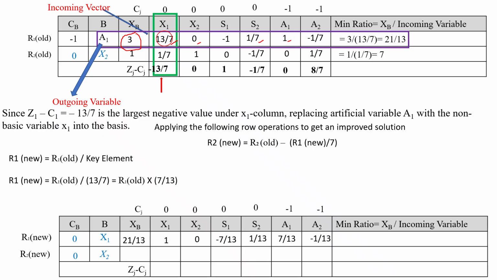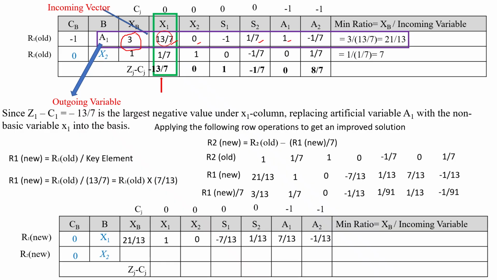So next row operation is R2 new equal to R2 old minus R1 new divided by 7. First write down the R2 old elements: 1, 1 by 7, 1, 0, minus 1 by 7, 0, 1 by 7. Next write down the R1 new elements: 21 by 13, 1, 0, minus 1, minus 7 by 13, 1 by 13, 7 by 13, minus 1 by 13.